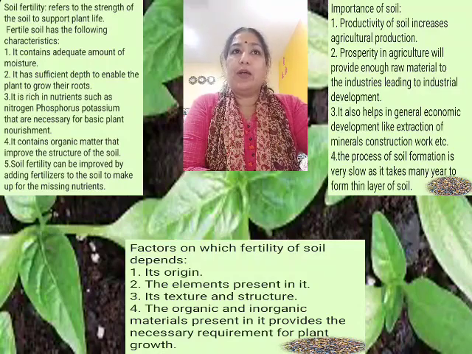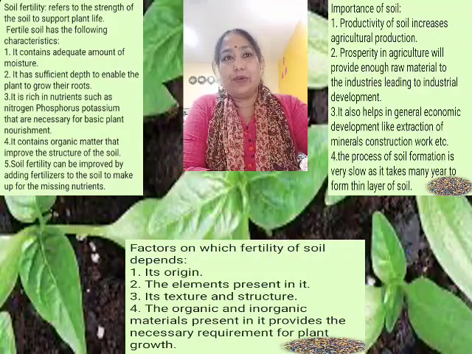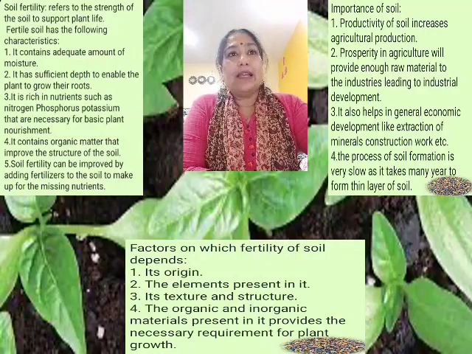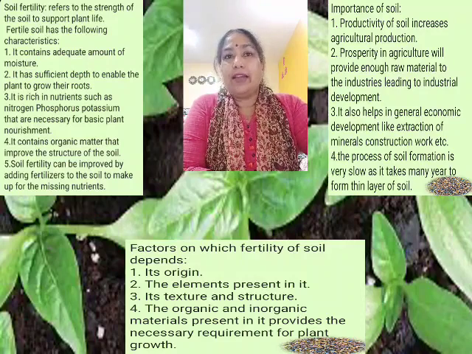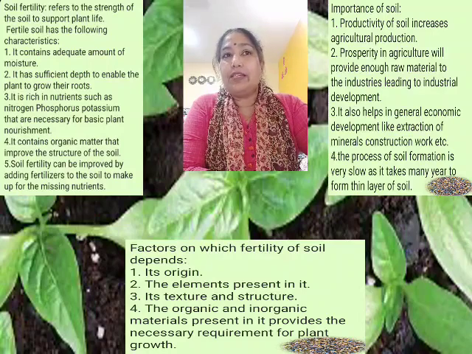So, the first point is productivity of soil increases agricultural production. Second point, prosperity in agriculture will provide enough raw material to the industries leading to industrial development.